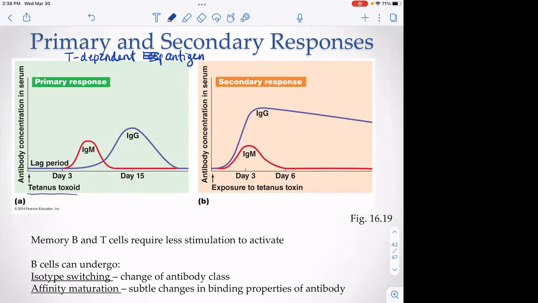Like a tetanus shot. Basically a tetanus vaccine is just the toxin from tetanus that has been deactivated. So say a patient gets a tetanus shot. What happens in their body?